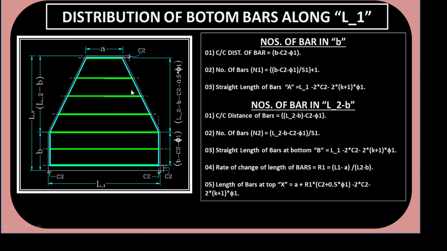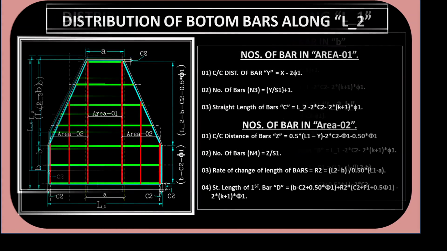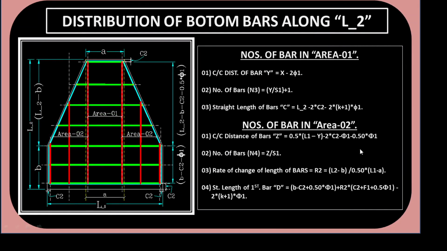Length of this bar is equal to X is equal to A plus R1 into side cover plus half phi 1 minus 2 cover minus 2 into K plus 1 into phi 1. Distribution of bottom bars along L2.